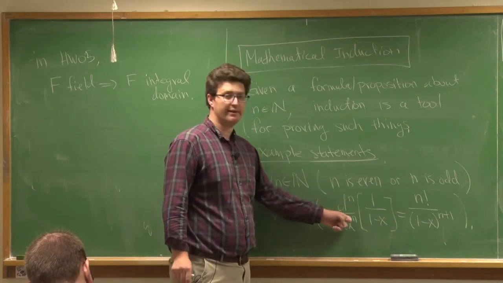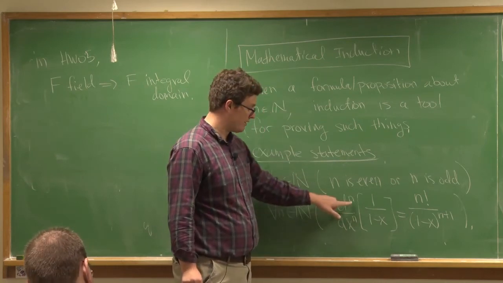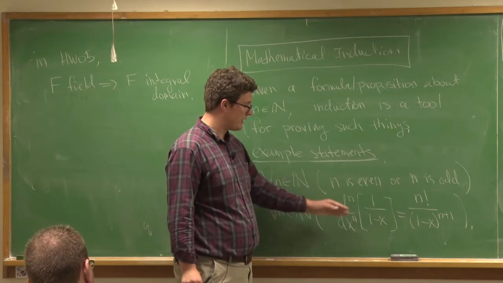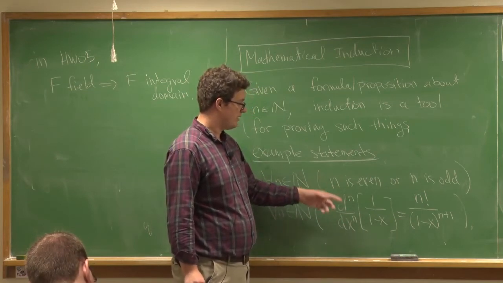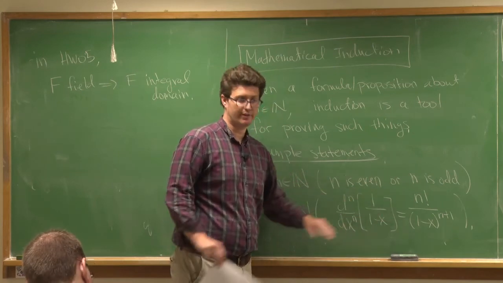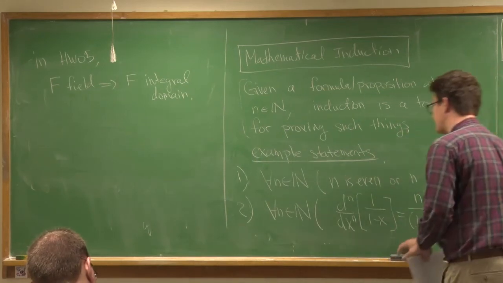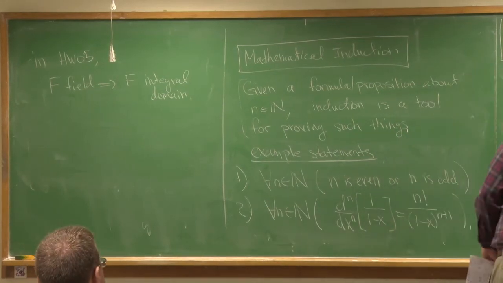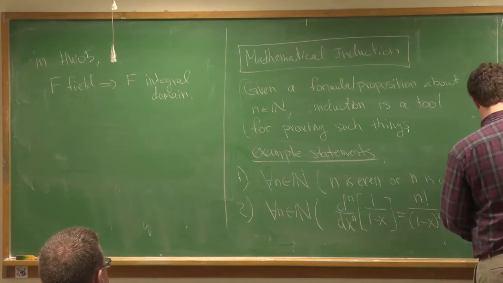So I could plug in a particular n, like n equal to 1, and you can see that this formula either holds or it doesn't hold. So let me say what the general strategy is for the shape of these statements.